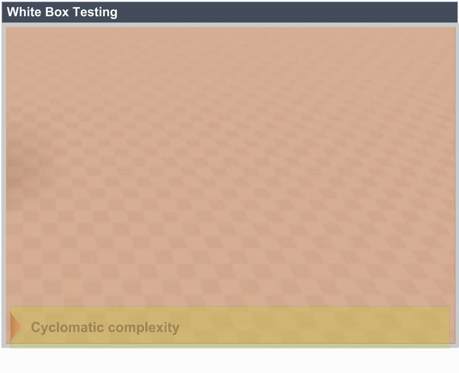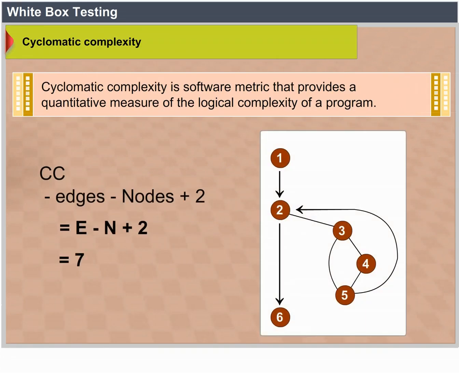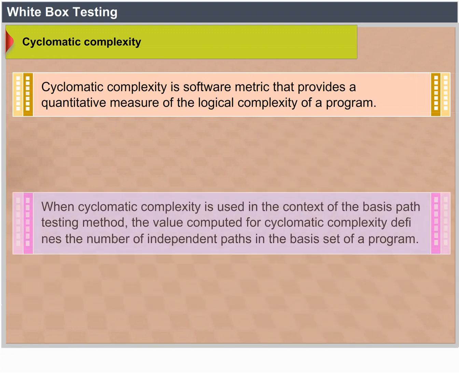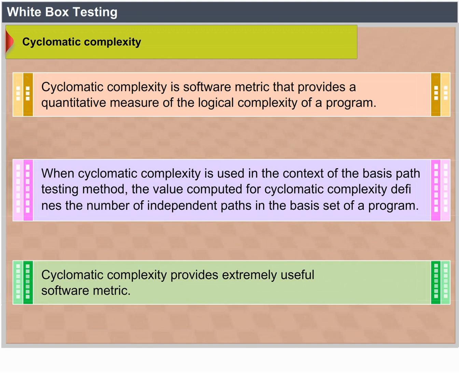Cyclomatic complexity. Cyclomatic complexity is a software metric that provides a quantitative measure of the logical complexity of a program. When used in the context of basis path testing method, the value computed for cyclomatic complexity defines the number of independent paths in the basis set of a program. Cyclomatic complexity provides an extremely useful software metric.